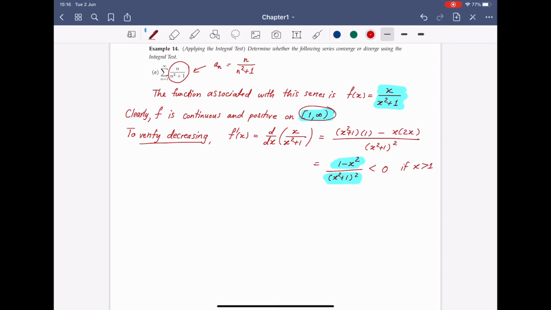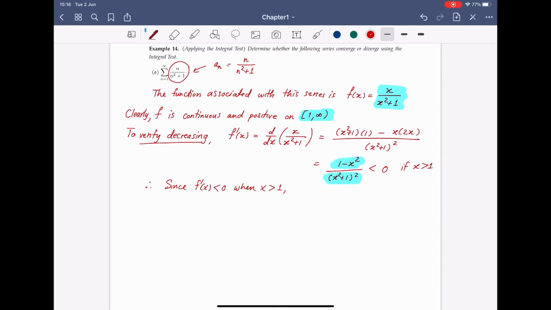So x is bigger than 1, and 1 minus x squared is always less than 0. Now you're done with checking the assumptions. The function is decreasing since f prime of x is less than 0 when x is bigger than 1.